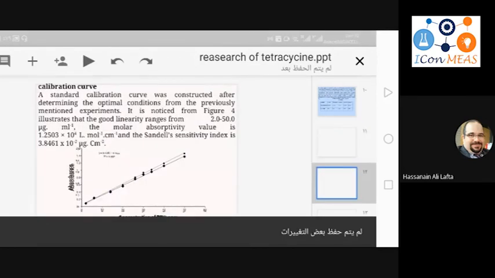Calibration curve. A standard calibration curve was constructed after determining the optimal conditions from the previously mentioned experiments.